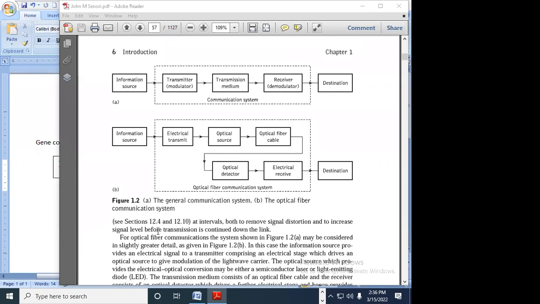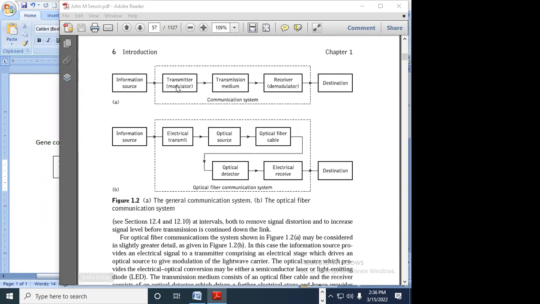Full stop. It can be in analog or digital form. Full stop.